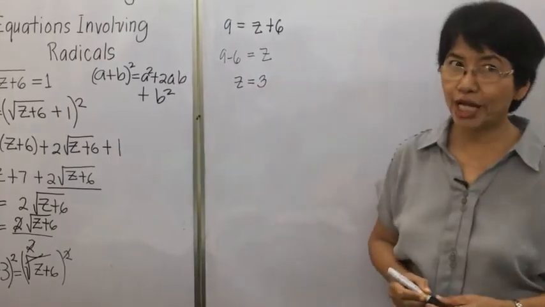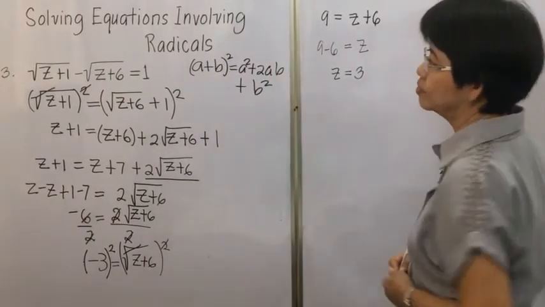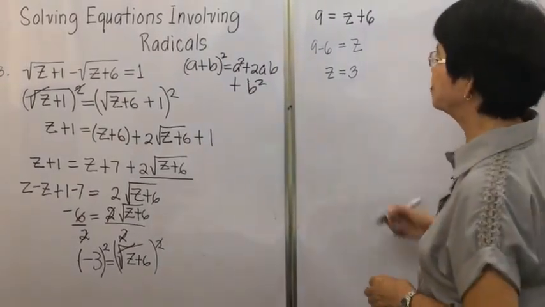And then we have to check the value z is equal to 3. And we will go back to the original equation.